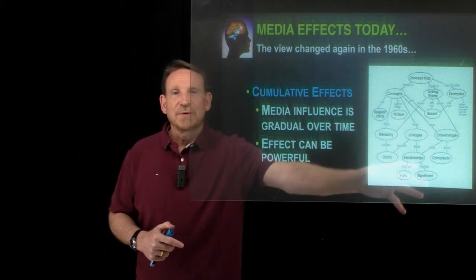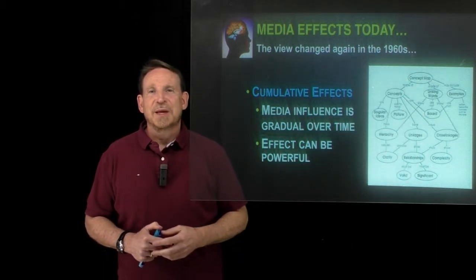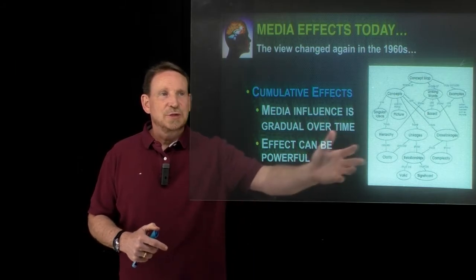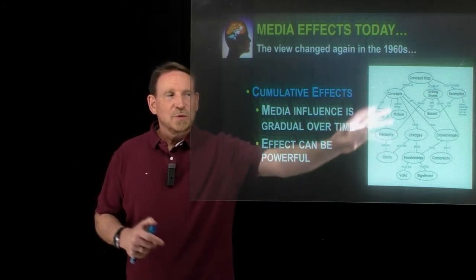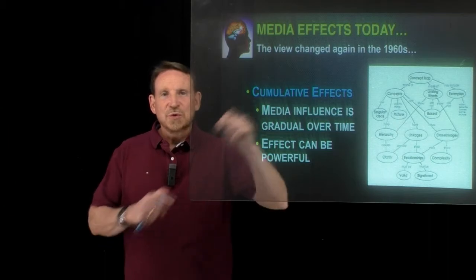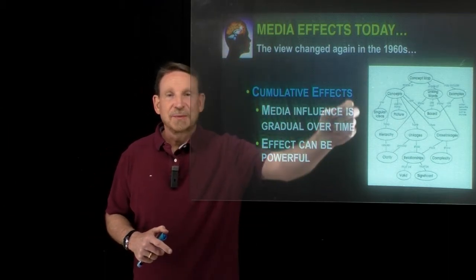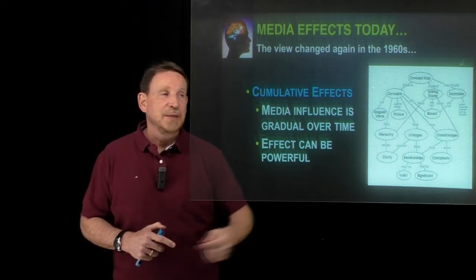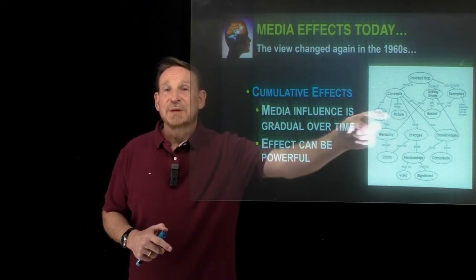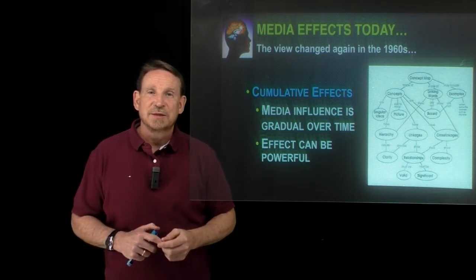So this map over here is a traditional sort of semantic concept map, and it's just here to identify the way in which we might have new concepts being introduced by media. They affect our ideas. Maybe it's added to our understanding. Then we develop some associations with those new concepts.